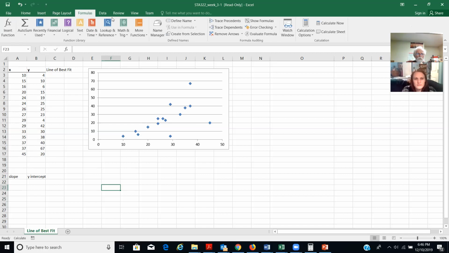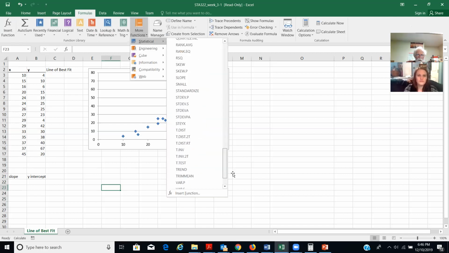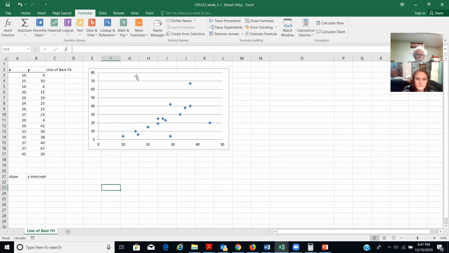If we look at the formulas here, if we go to trend, the description is it returns numbers in a linear trend matching known data points using what they call the least squares method. That doesn't matter. The method doesn't matter. This just is very, very delicate to work with. So we'll go over that as well on Thursday. But I just wanted to get you to take a look at what was going on with this.